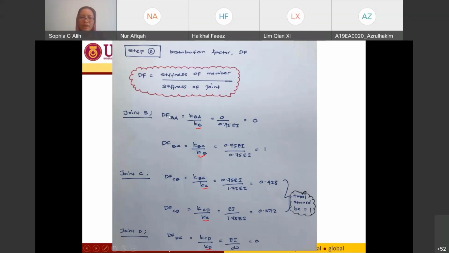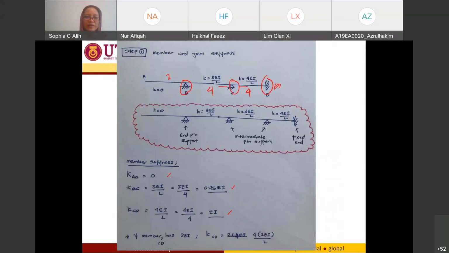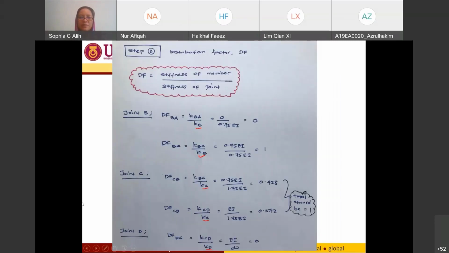So for distribution factor for BA, I need stiffness of member BA divided by stiffness of joint B. For the distribution factor of BC, I need to take stiffness of member BC divided by KB. And this KBA, KBC, KCD is all that I have already calculated over here. Just for your information, there is no difference between KBC and KCB. It is the same member, so it's just the notation.